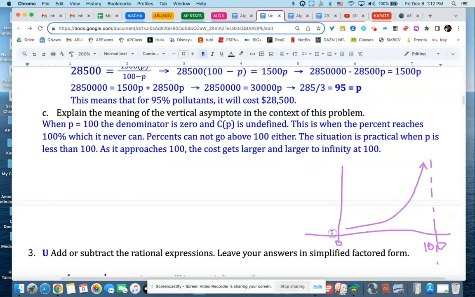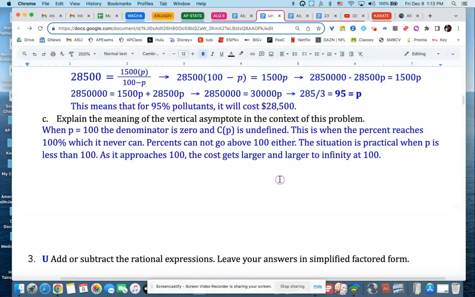The higher percentage pollutants, it's going to shoot off, right? So it's going to go up that asymptote. And that should make sense to us because I can't have more than 100% pollutants. Once I get to 100%, it's just going to shoot off. And it's kind of going to get exponentially bigger and bigger cost as I go, right?